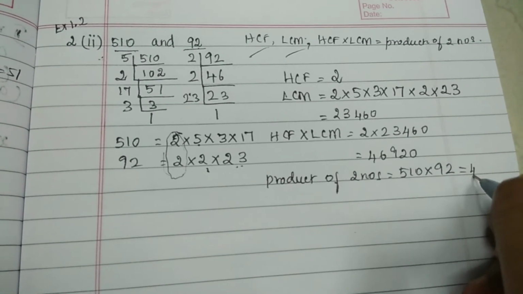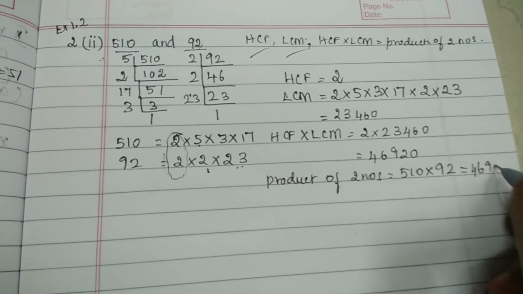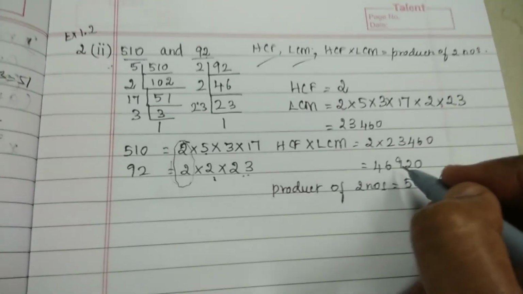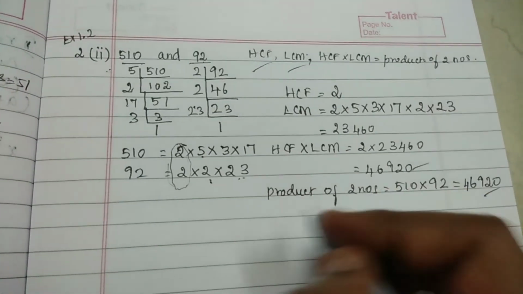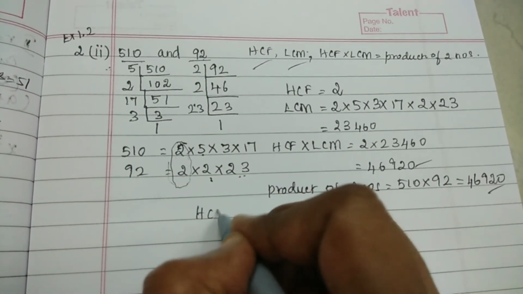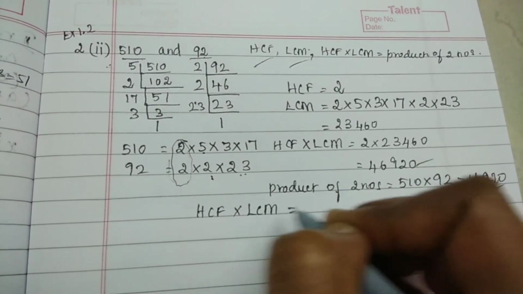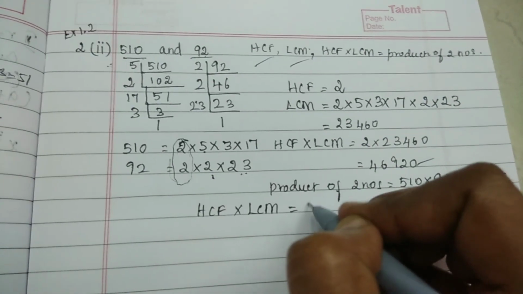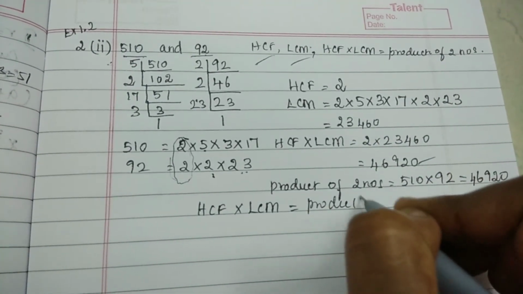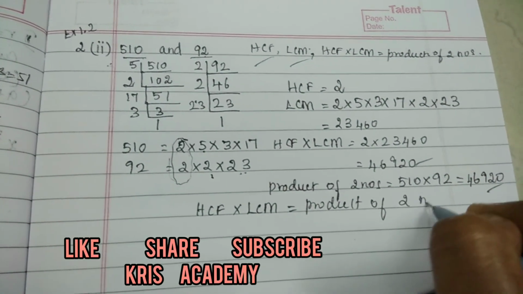When you multiply, you get the answer to be 46,920. So from these two conditions, you can say that the product of HCF and LCM is equal to the product of the two numbers.